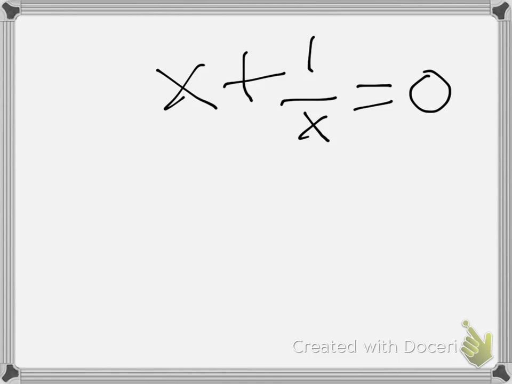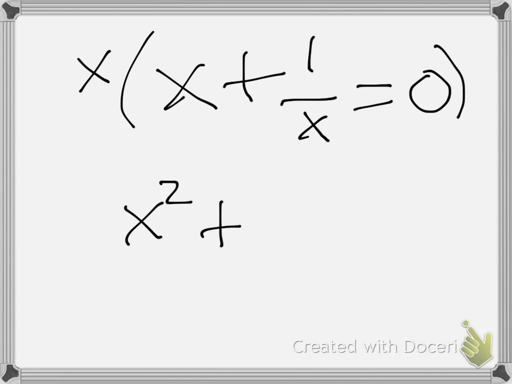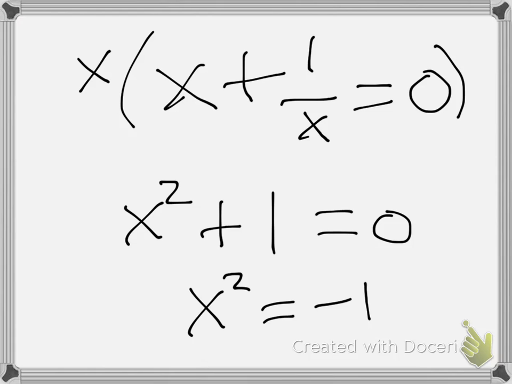Well, remember I said never to divide by a variable, but you can multiply by a variable as long as you check whether you're introducing a redundant answer. So I'm going to multiply by x. I'm going to get x squared plus 1 equals 0. However, when I solve that, you only get imaginary roots here.